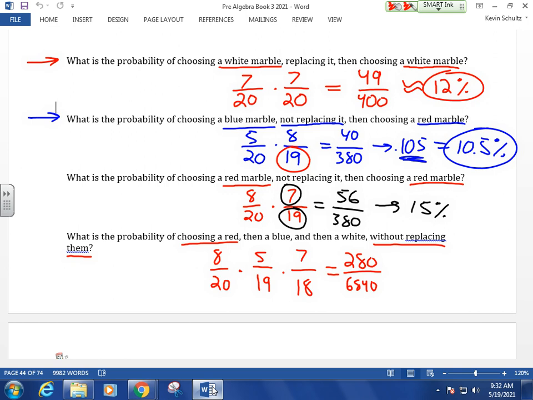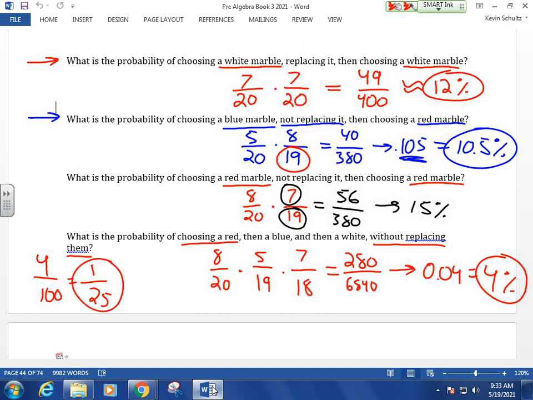So 280 divided by 6,840 gives us a nice long decimal, which we can round to 0.04, which is a 4% chance. Okay? So if you try this 100 times, theoretically, you'll be successful 4 out of those 100 times. Or breaking down that fraction, 4 out of 100, 1 out of 25 times. But again, that's the theoretical. Okay? Will it actually happen that way? Well, that's why you got to test it, but we're not going to.